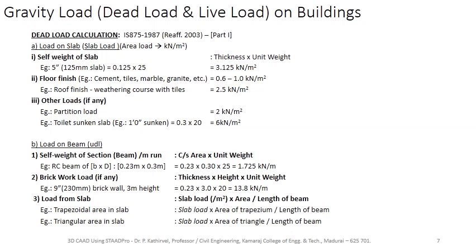The load on beam is taken as UDL, which includes the self weight of the beam, the brickwork load if any on it, and then the load from slab either on one side or on both sides.